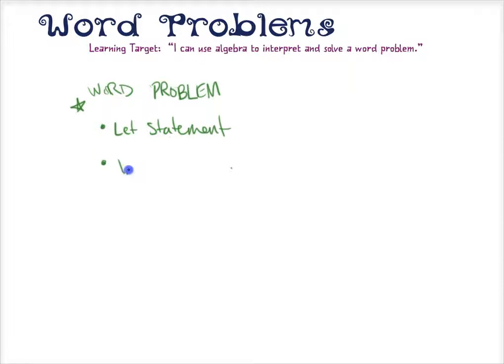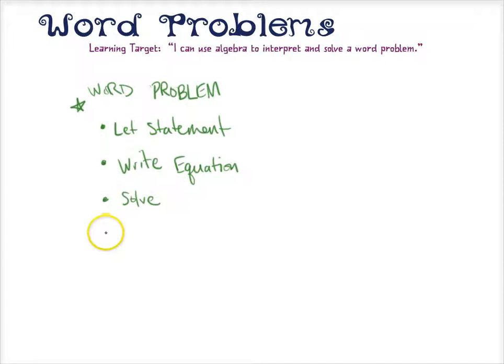Then the thing I do is I write the equation. That's the part that's going to take you a little while. Probably 75% of the difficulty in a word problem is taking that English and transferring it into a mathematical statement. Then, I'm going to solve.